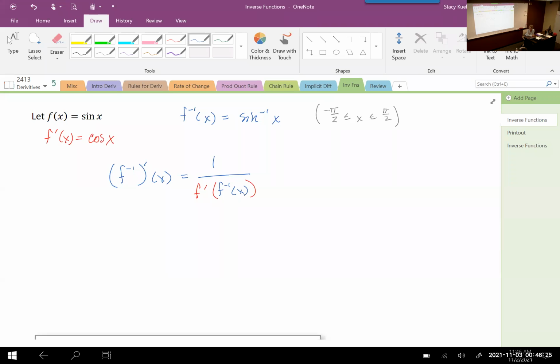That's our relationship, right? So this is going to end up being 1 over, we already said the derivative of f is cosine, at the inverse, which would be inverse sine x. Okay?